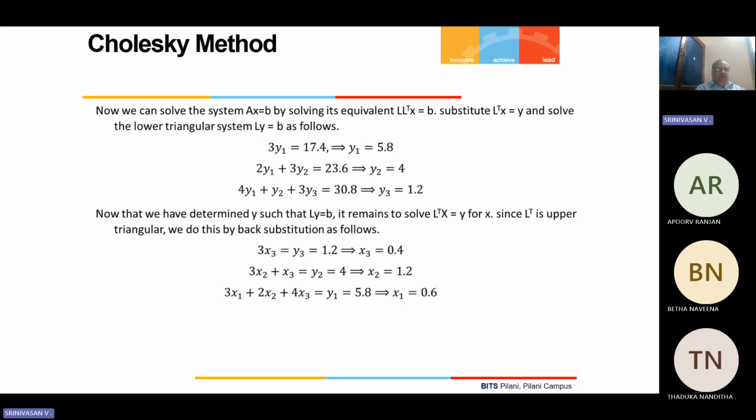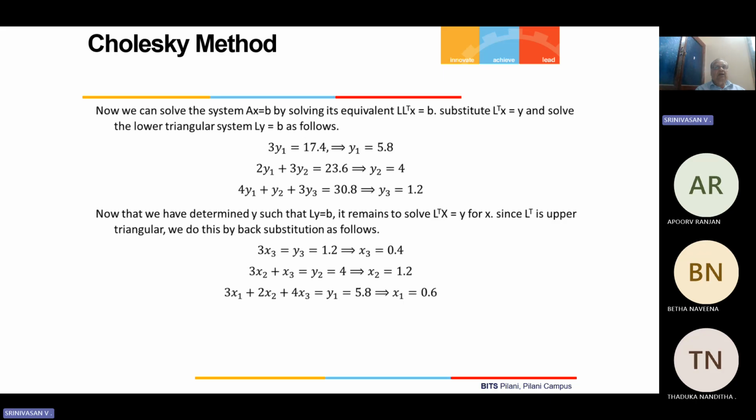L is 3 0 0, 2 3 0, 4 1 3, into Y1, Y2, Y3. What is B available in your system of equations? The right hand side constants given in the question: 17.4, 23.6, 30.8.